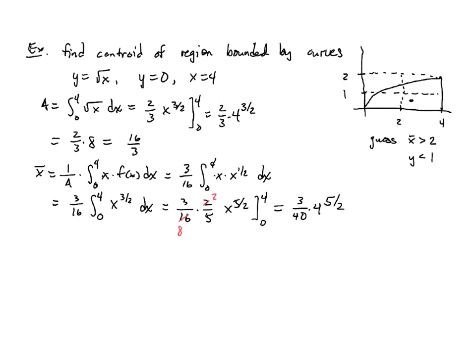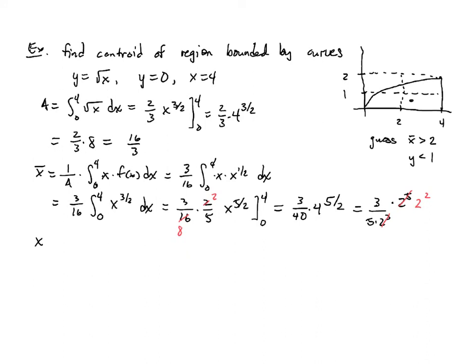And square root of 4 again is 2, 2 to the 5th: 2, 4, 8, 16, 32. Let's write that as 3 times 2 to the 5th over 5 times 2 cubed, and so we can cancel 3 factors of 2 here, and we're left with 2 squared in the top.